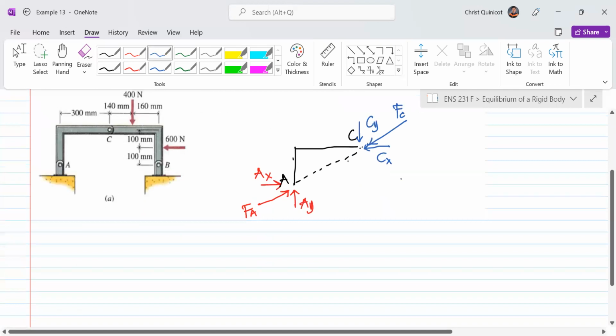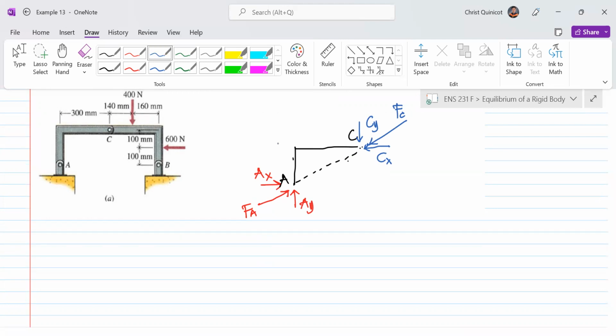Now the angle: the horizontal distance from A to C is 300 mm, and the vertical distance from A to C is 100 mm plus 100, which is 200 mm. So let us say this is our theta here. Theta is equal to the inverse tangent of 200 mm divided by 300.